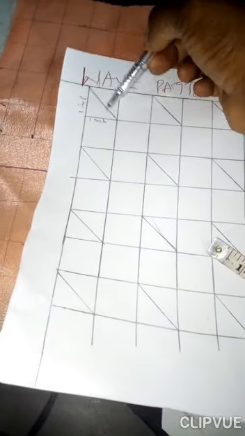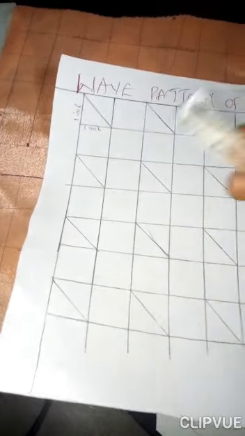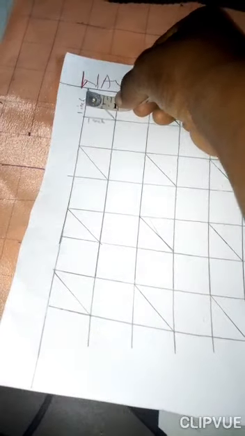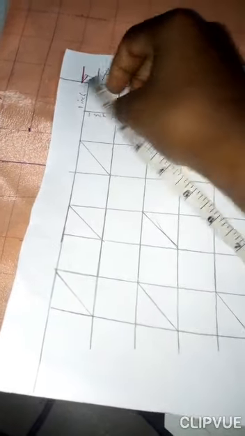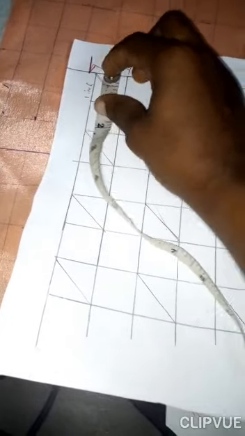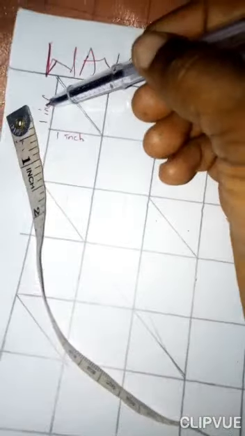This stroke I made here is for the wave pattern. Now for my grid lines, I made this of a measurement of 1 inch. The width is 1 inch, as you can see, while at the length I also used 1 inch. I labeled it here for you to see 1 inch.